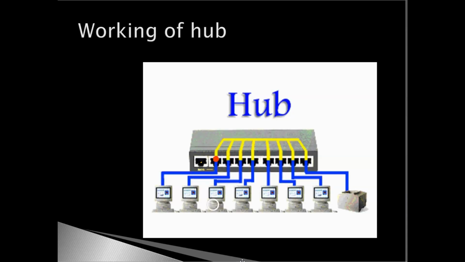See this clearly: first, the message is sent from the first computer to the hub, and this hub sends the messages to all the other computers on the network. That's why it is called a non-intelligent or dumb device.